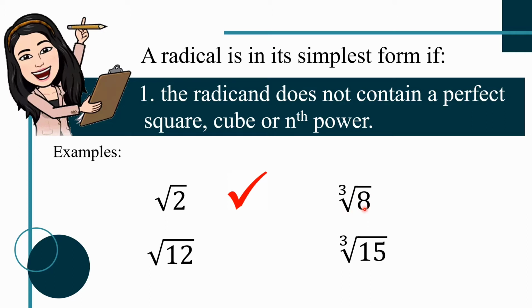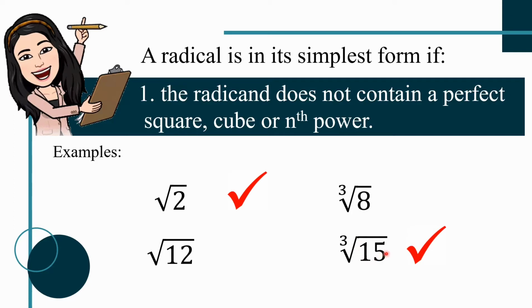Kasi, what is that number na pag pinag-multiply natin 3 times sa kanyang sarili will result to 8? Okay, so that is 2. 2 times 2 times 2 is equal to 8. So therefore, cube root of 8 is not yet simplified. But cube root of 15 is already in its simplest form.